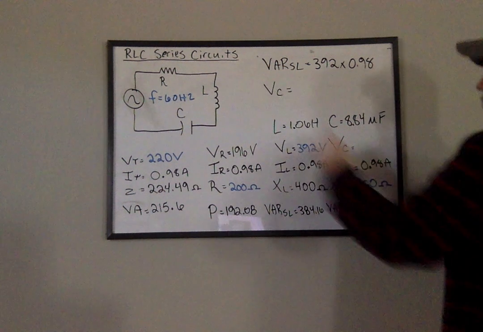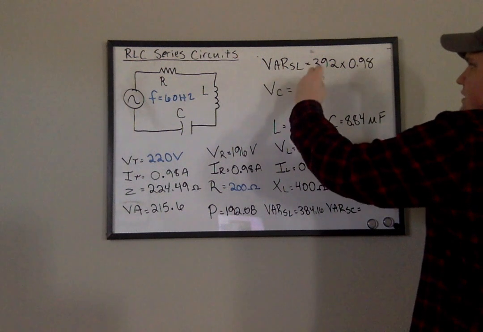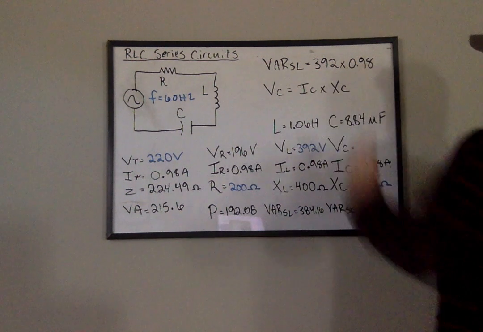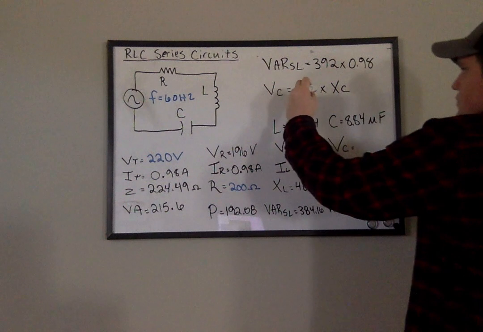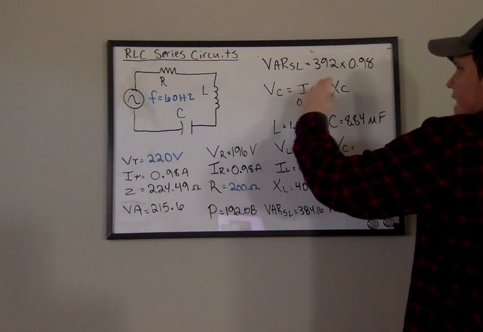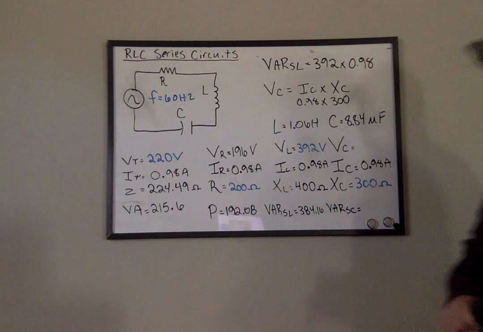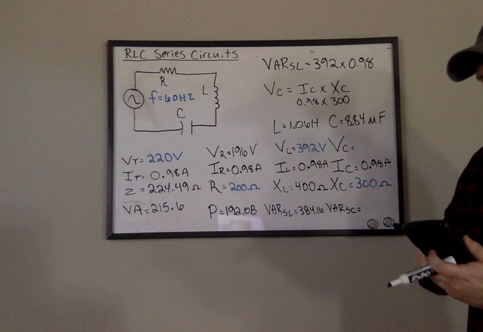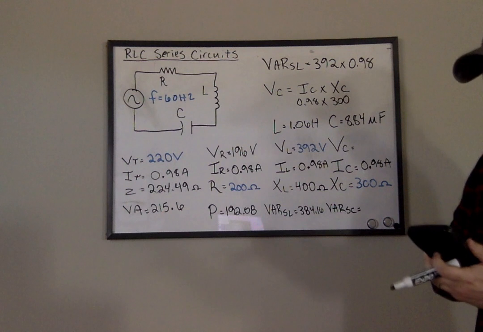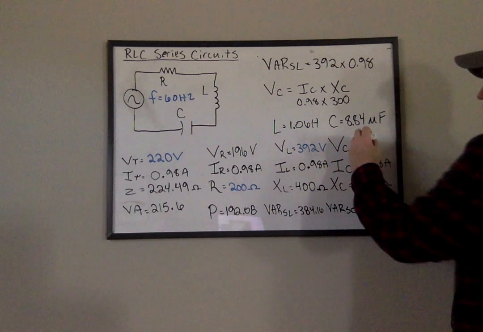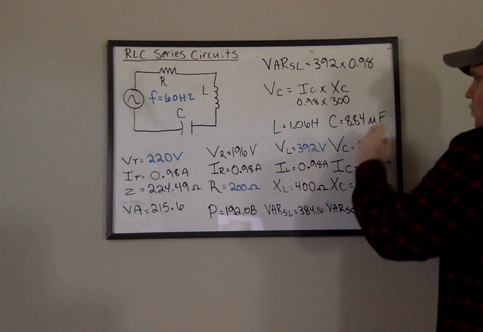VC is equal to IC times XC. So that's going to be 0.98 times 300, which is going to give me 294 volts.